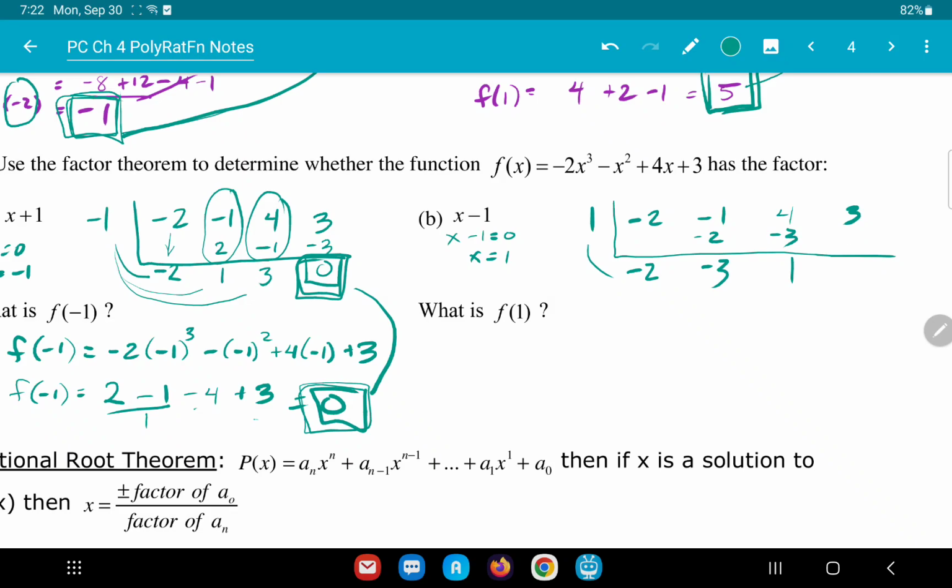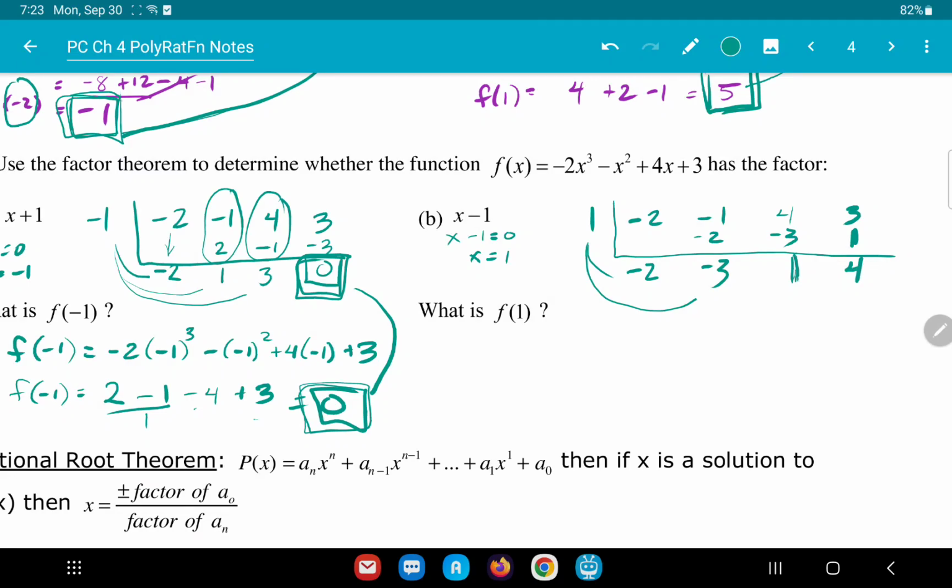Hold on, let me double check again. Bring the negative 2 down, we get negative 2. We add and get negative 3. 1 times negative 3 is negative 3. We're multiplying 1 times 1 and we get 1. Then we add and we get 4.